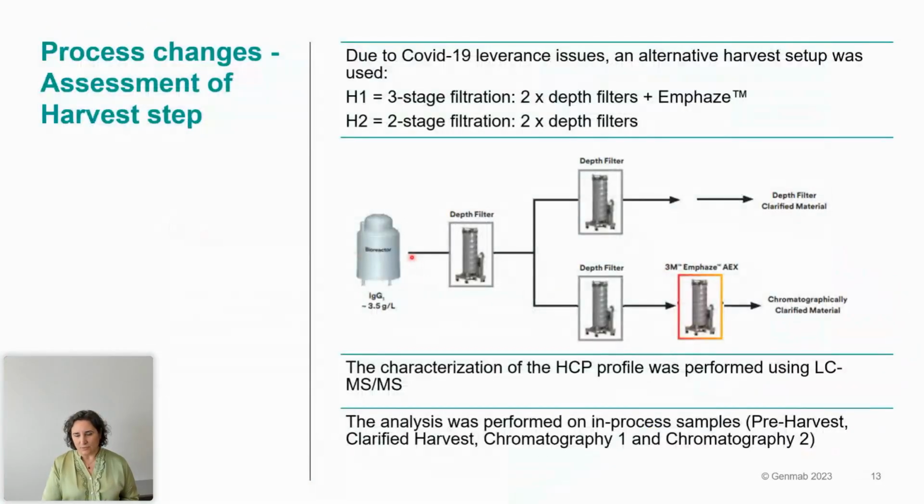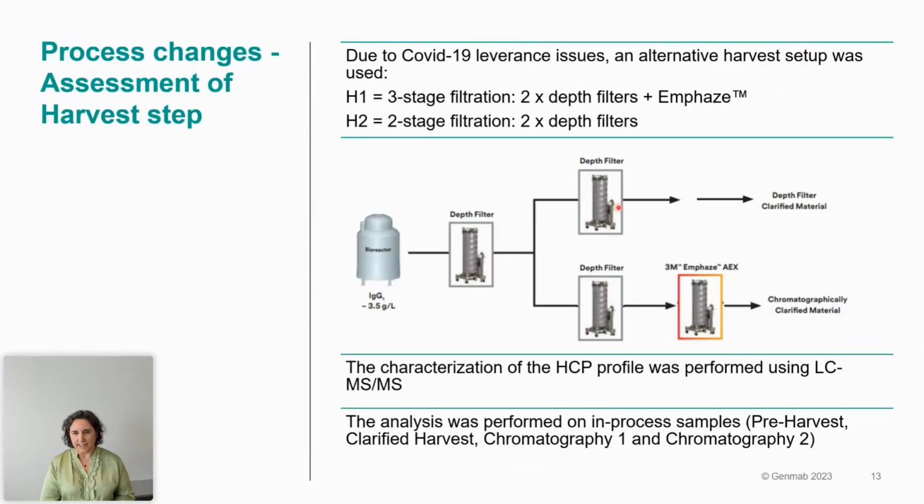So that was our commercial process, or intended commercial process, using a three-stage filtration. But due to COVID-19, we couldn't get an extra in-phase filter, so we only went with a two-stage filtration.